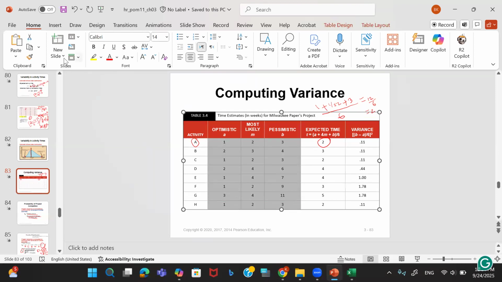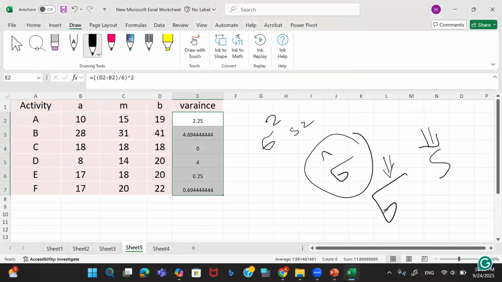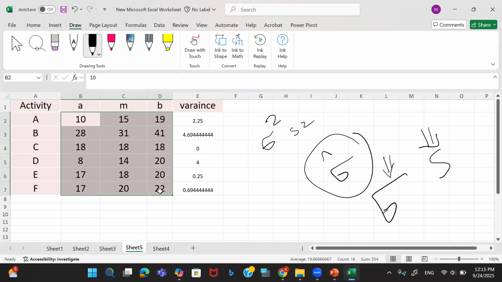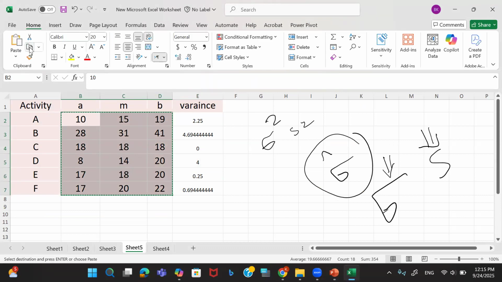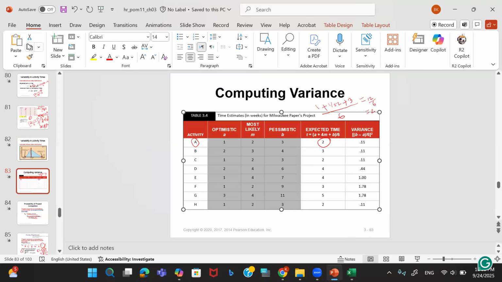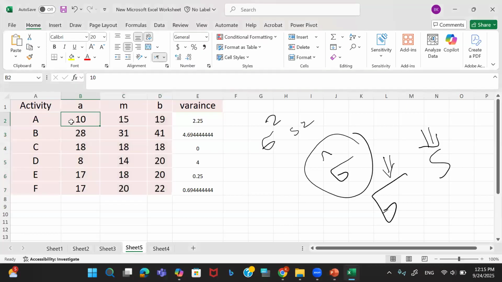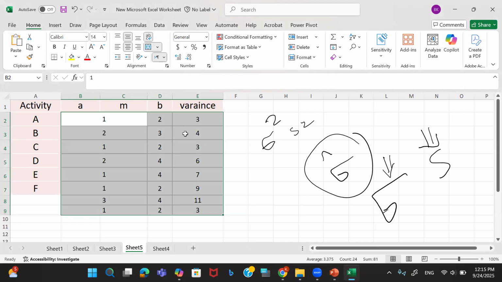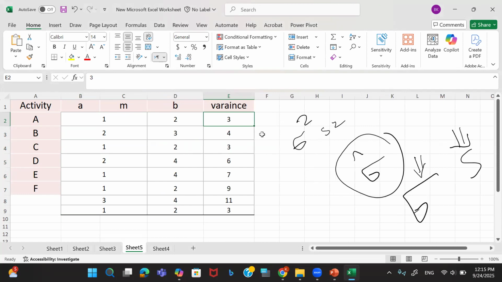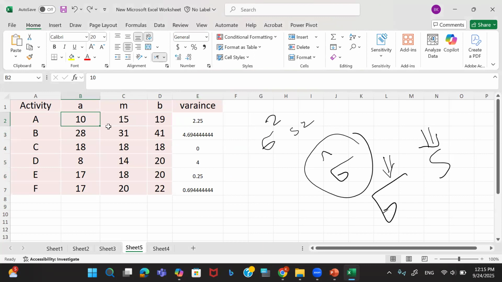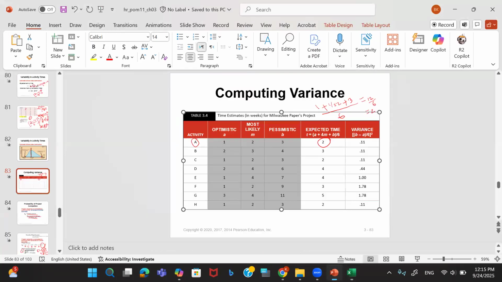And I can do this using Excel. If I go back to Excel, let me see if I have the same number here. Oh, I'm supposed to copy here. Copy. Oh, we have up to H here. Fixed. So we said, let's take one of them.